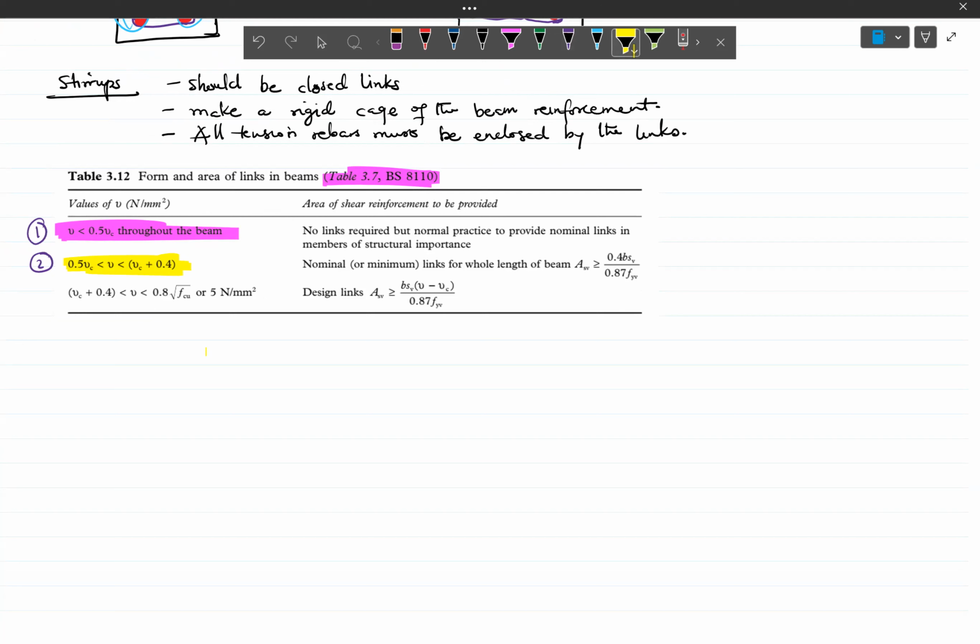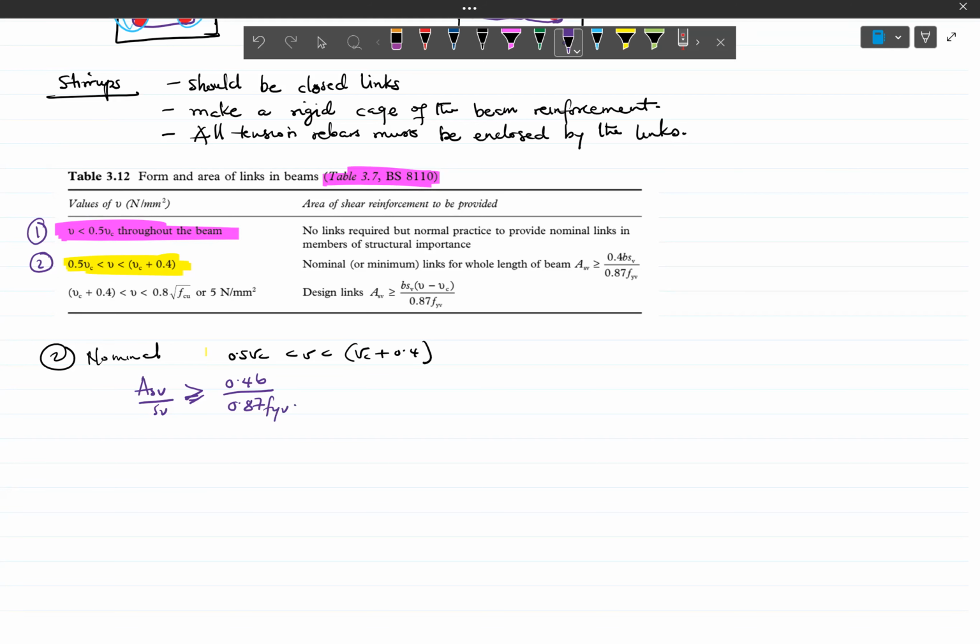And if we are to provide nominal, then for condition 2, which is for nominal, where 0.5 VC is less than V is less than VC plus 0.4, our ASV over SV should be greater than or equal to 0.4B over 0.87 FYV.